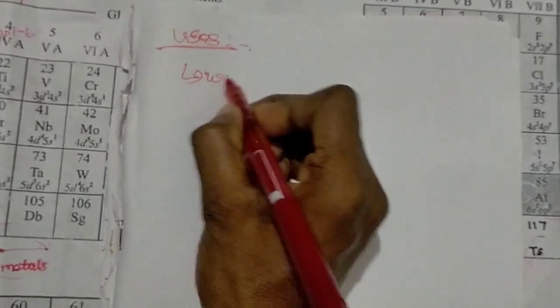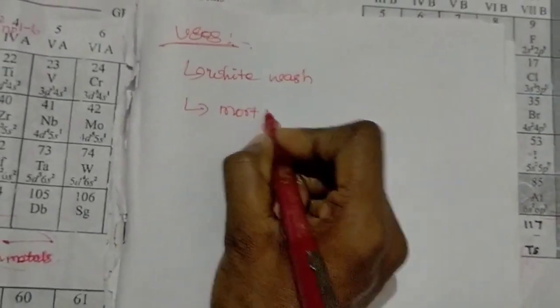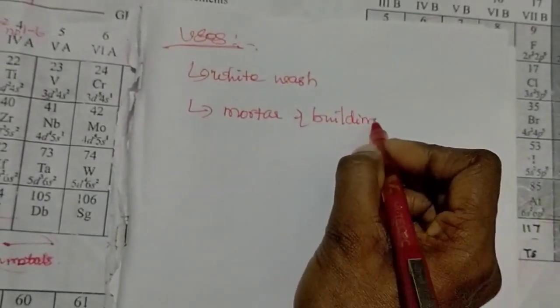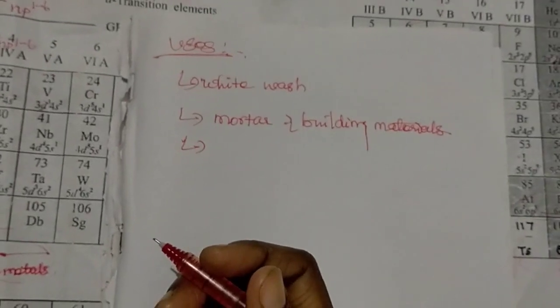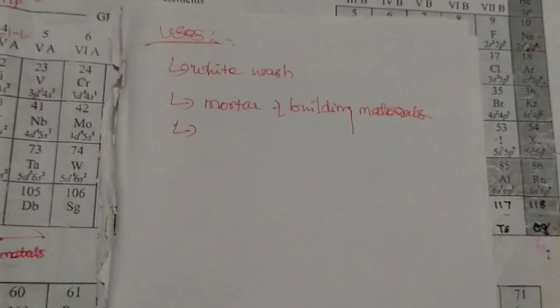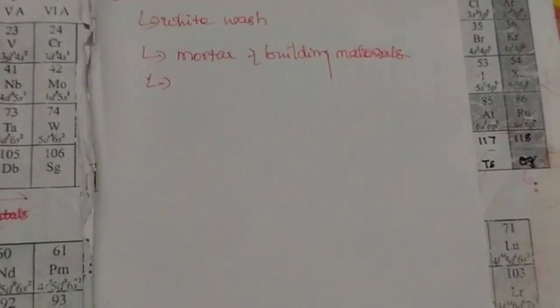Generally calcium hydroxide is used in whitewash, because of its disinfectant nature. It also takes part in the preparation of mortar and building material, and is used to prepare glass and in tanning industries, for preparing bleaching powder, and in the purification of sugar.